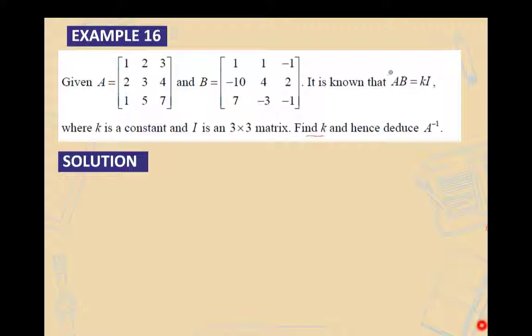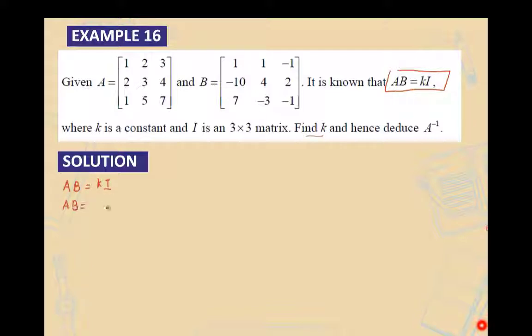So to find k, we are going to use AB equals kI. Okay, students, so given AB equals kI, what is the meaning of AB?